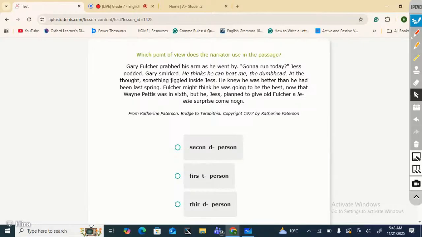These words are also mentioned. It means these are third person pronouns. If third person pronouns are used, the passage uses third person point of view.